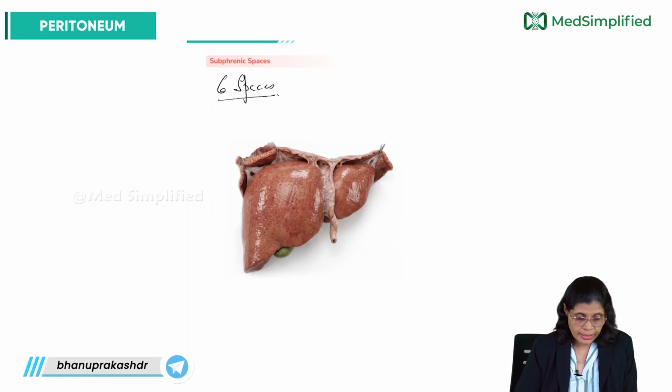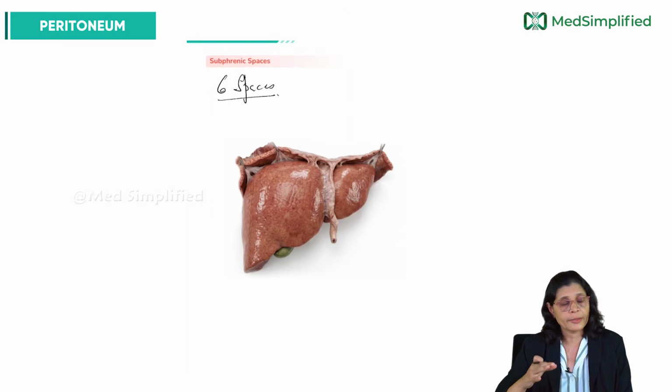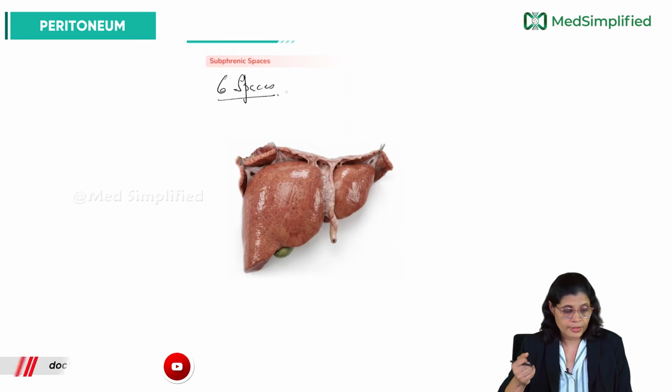These spaces are important because the pus collects in these spaces, forming the subphrenic abscesses. Subphrenic abscesses are common in these spaces, especially there are 2 spaces where we see infections more commonly.